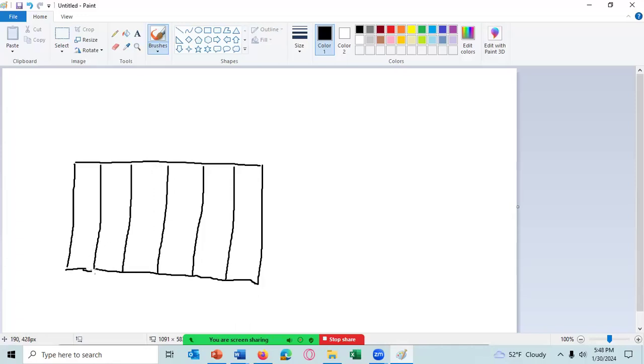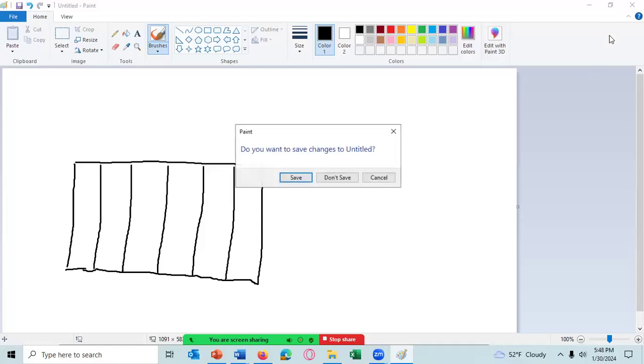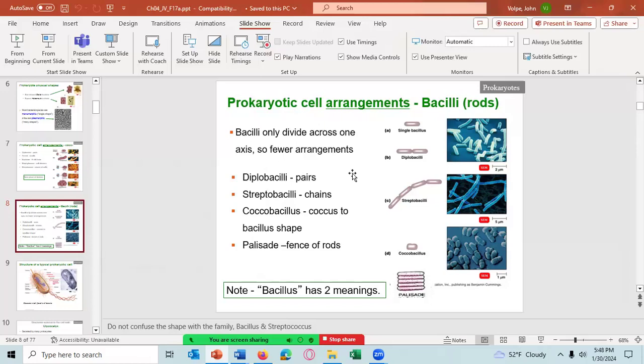Any question about any of that? You should note that the word bacillus has two meanings. A bacillus, with a lowercase b, is the shape of a bacteria. It's a rod.